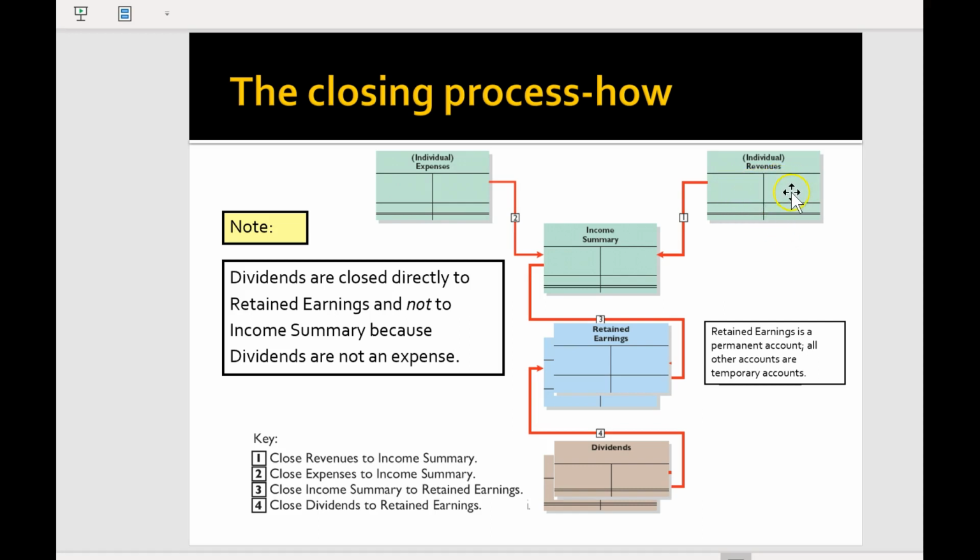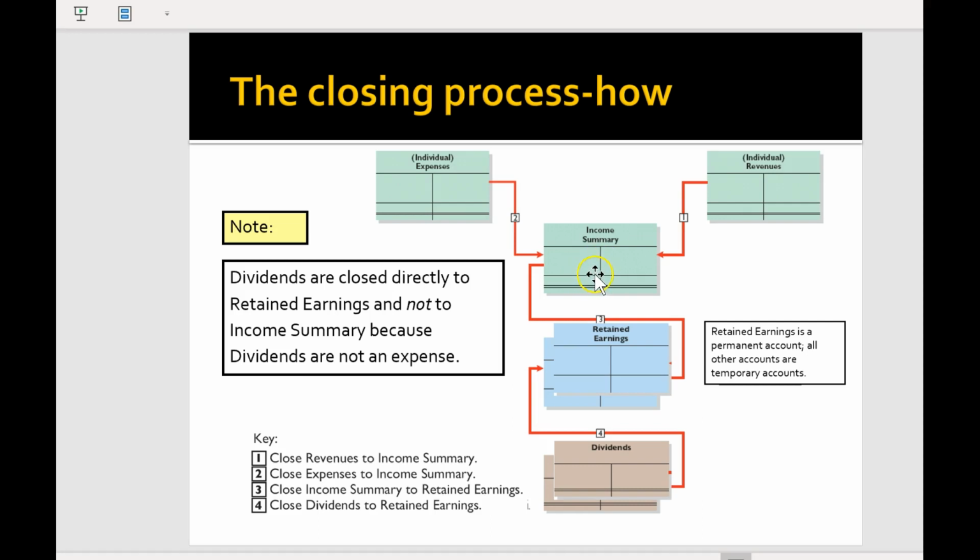So let's say you have a credit balance of revenues of $100 sitting in your general ledger. You would debit $100 to revenues and credit that same amount to income summary. Similarly, you would credit whatever expenses balance you have at the end of the day, and debit that amount to income summary. Now you can see income summary is basically the net income, because that's revenue minus expenses.